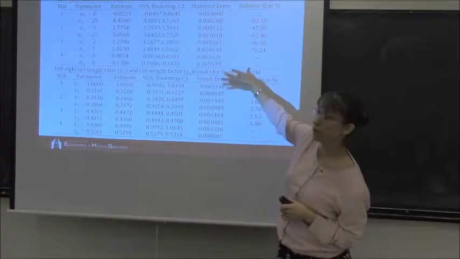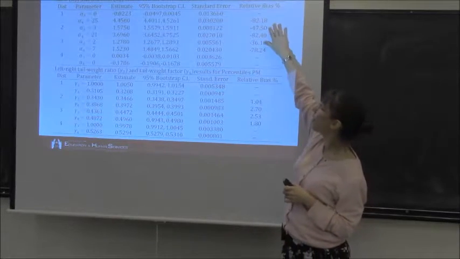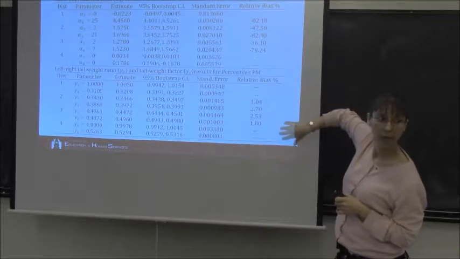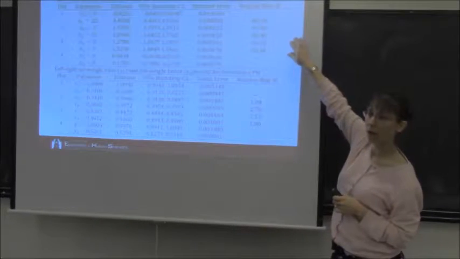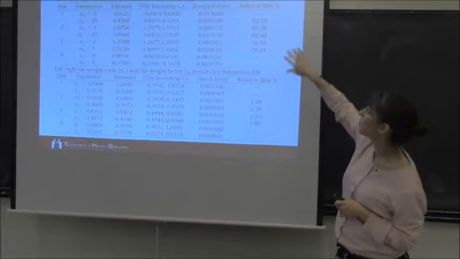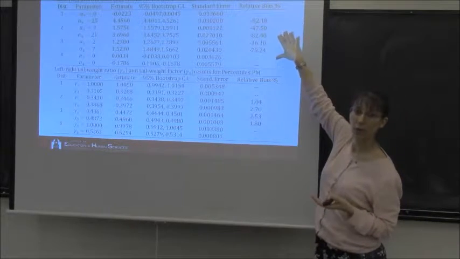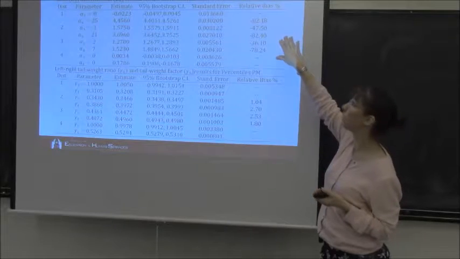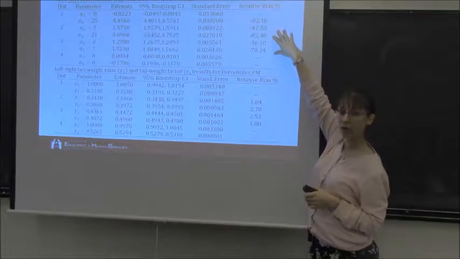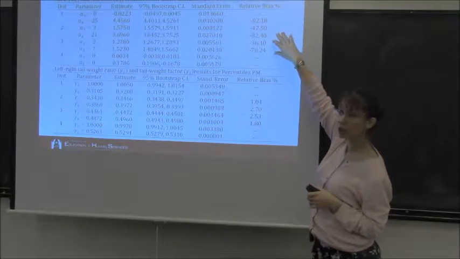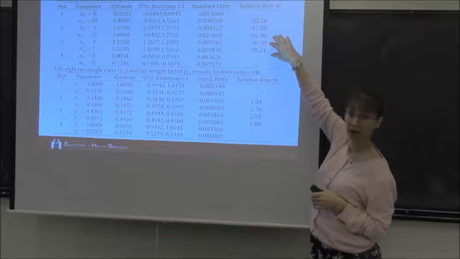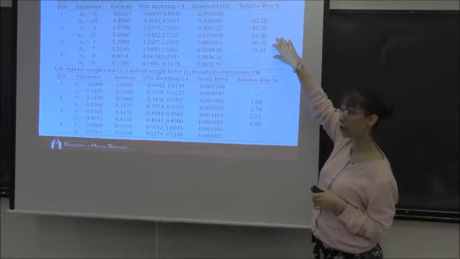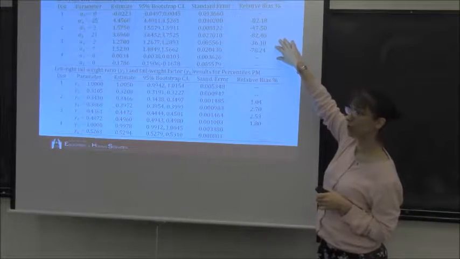There's a lot of details in the table, but where I want you to focus your energy is right here on this last column. This is the relative bias column. What you can see is with the conventional approach, and this table includes the recovery of the measures of skew and kurtosis, we see double-digit percentage relative bias for the conventional power method transformation.